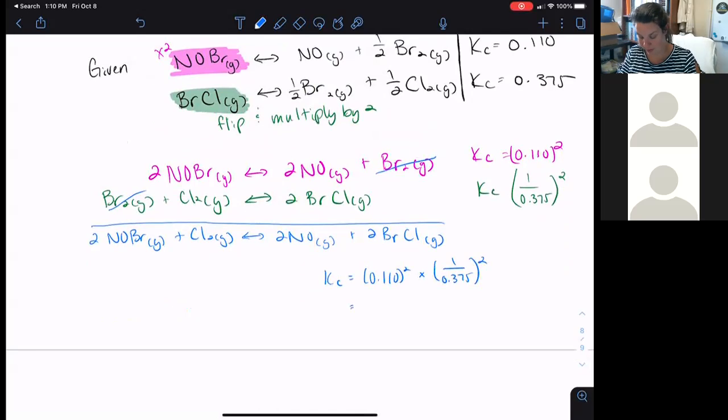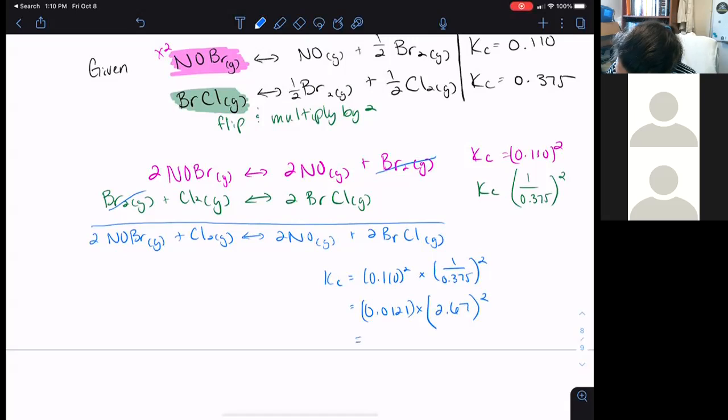So when we do this, we take the 0.110 and we square it, we get 0.0121. And then we take 1 divided by 0.375. We get 2.67, and then we'll square that.